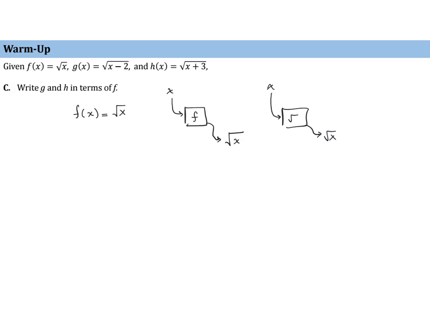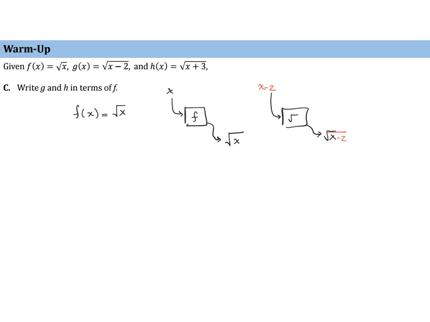So in g, what are we taking the square root of? We're taking the square root of x minus 2. So if we want to put x minus 2 into our square root function, then we would have the square root of x minus 2.